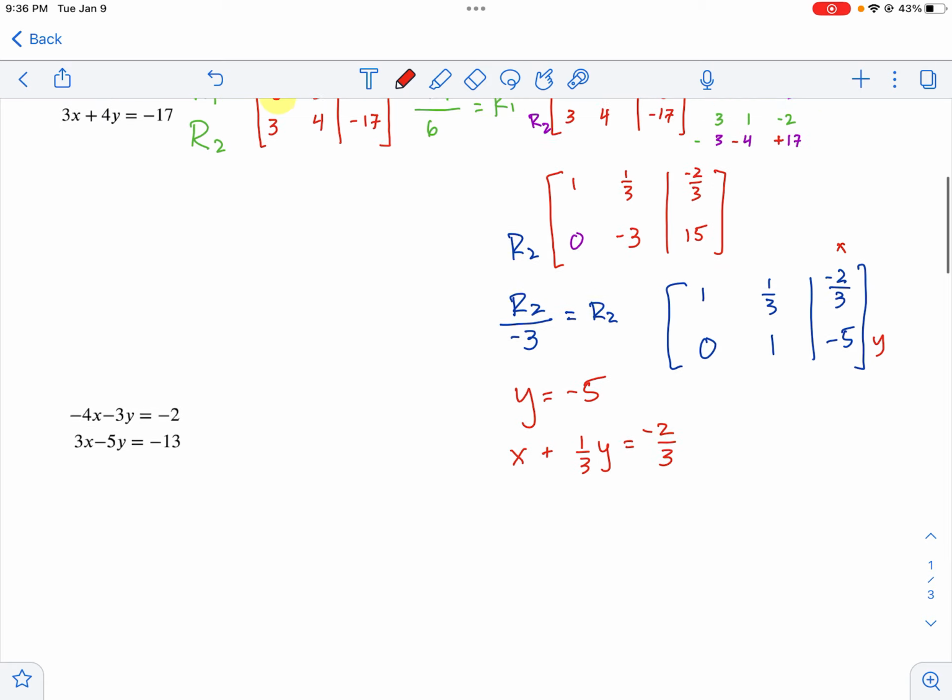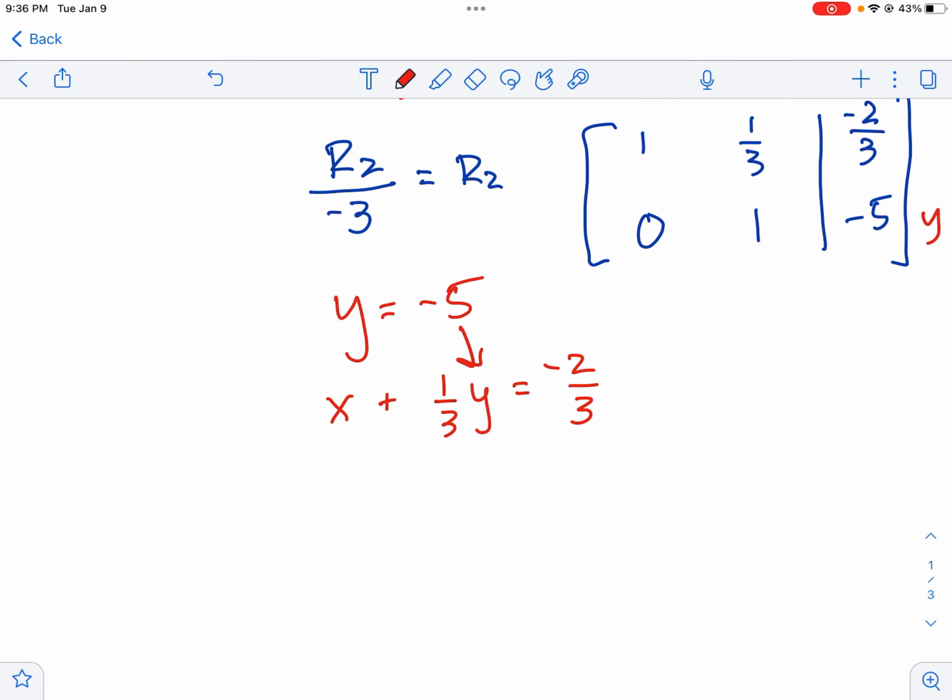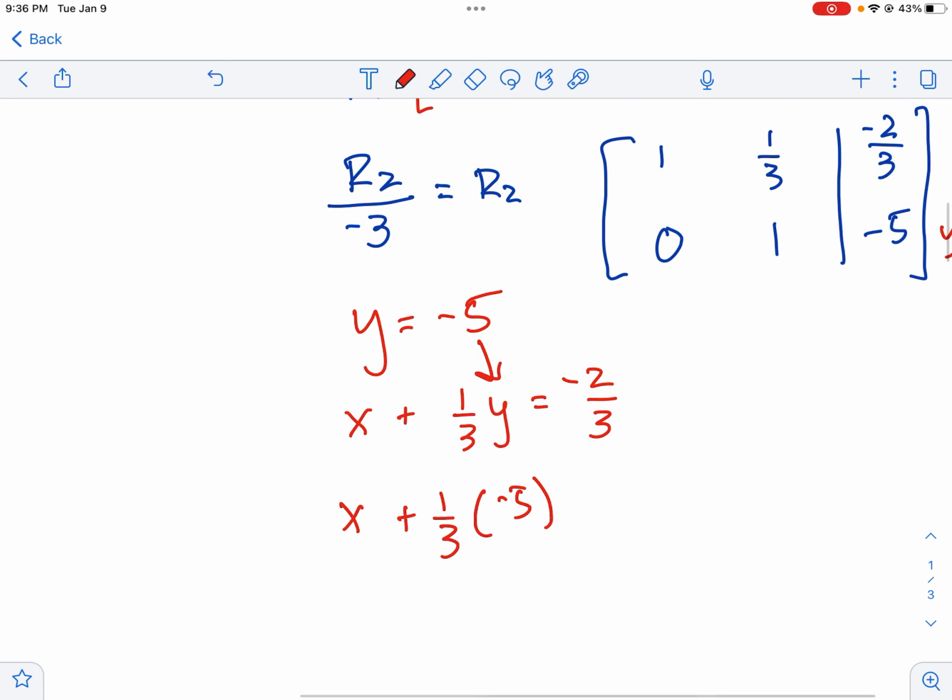And just use substitution. Right, I get that. And then do some math.